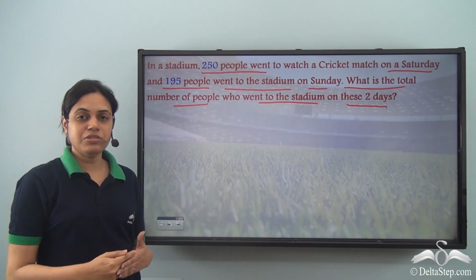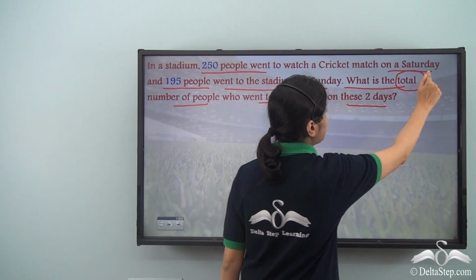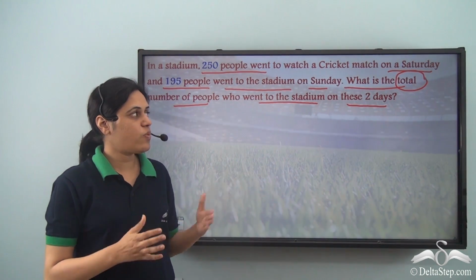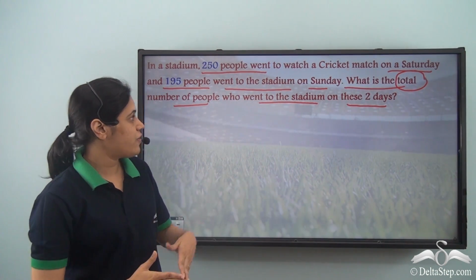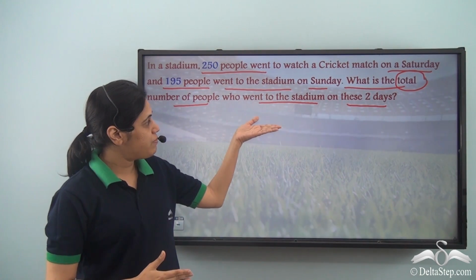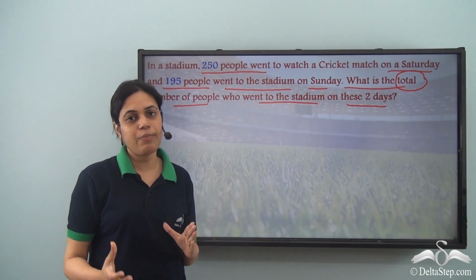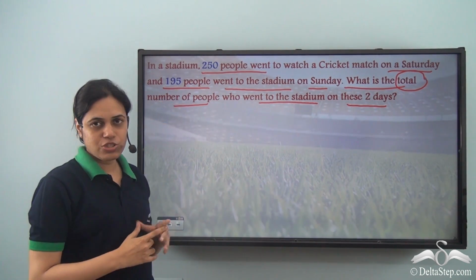So what is the question? The question is, what is the total number of people? That is, I need to find the number of people who went to the stadium on Saturday and Sunday put together. This means that I need to add these two.